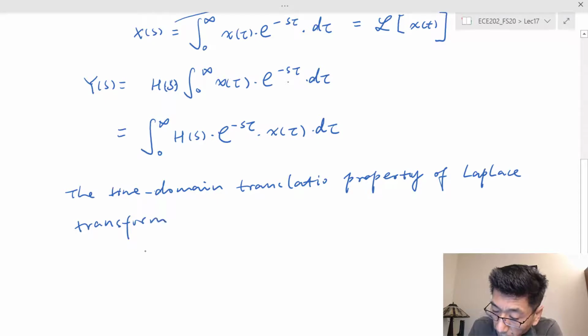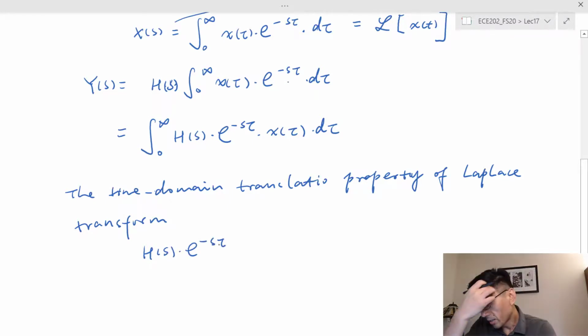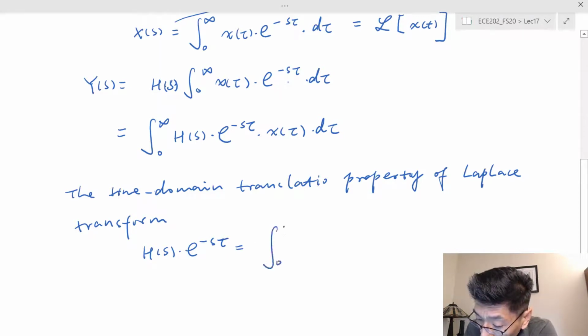We have H(s) times e to the minus s tau, and this is equal to the Laplace transform of h(t minus tau), which is a delay, right?